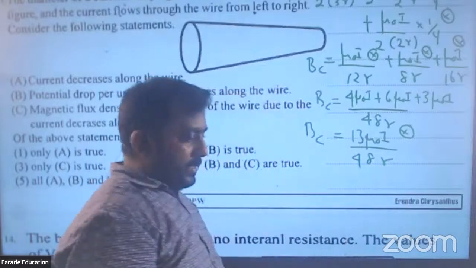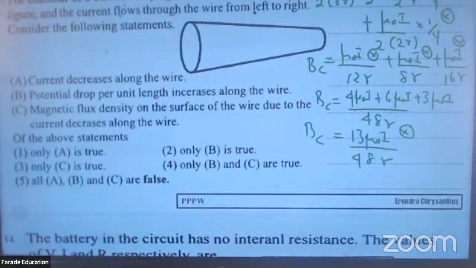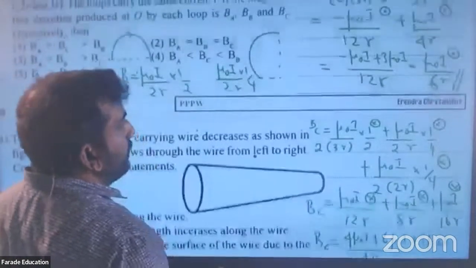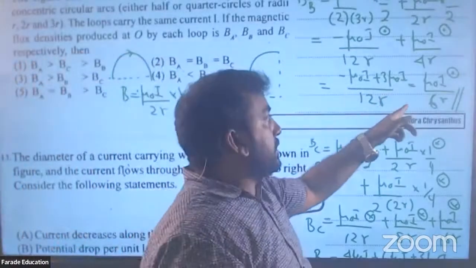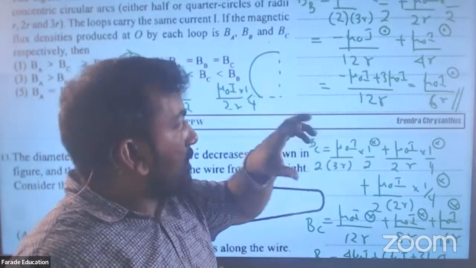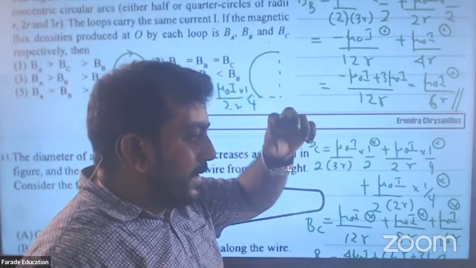13 divided by 48, how much? 13 divided by 48 is 0.27. And 1 over 6 is 0.17.